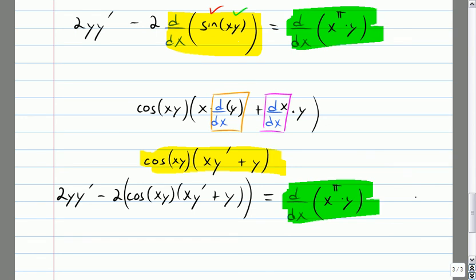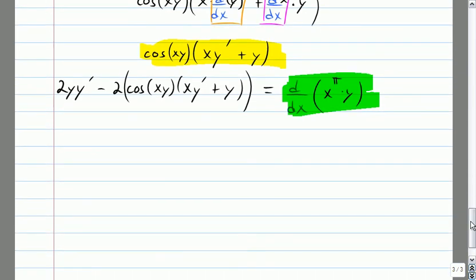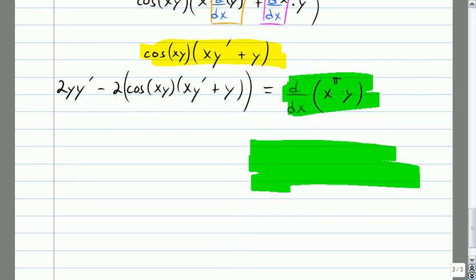Okay, so just the green piece is left. Sort of. I mean, then you're going to have to isolate y prime, which is always super fun. So you got, what rules do we have when going after the green one? Product rule. Yep. So we're going to do some green work here.